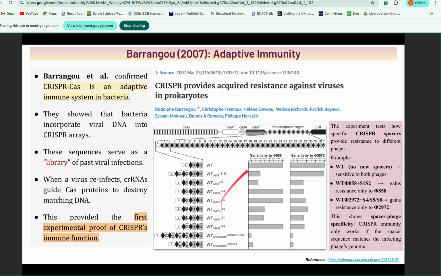In this experiment, they have shown how the incorporation of spacer elements can allow the bacteria to fight against these viruses and its sensitivity decreases. So it can survive those infections. That means this is leading to adaptive immunity in the bacteria. The first time these viruses attack, the bacteria will be sensitive.